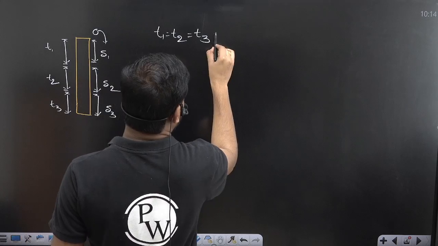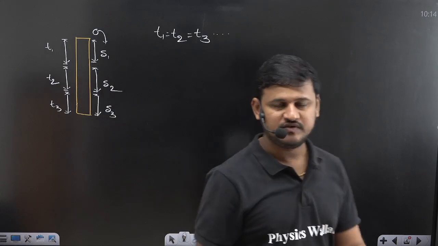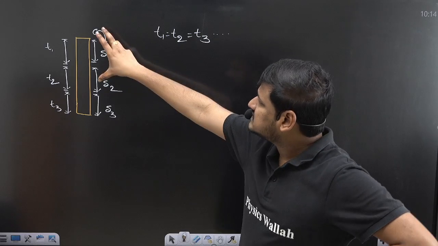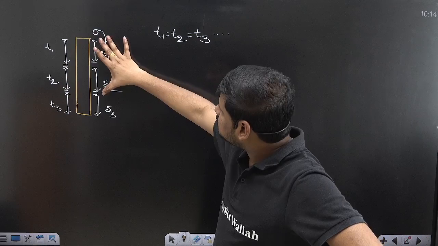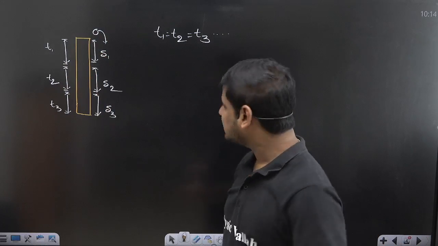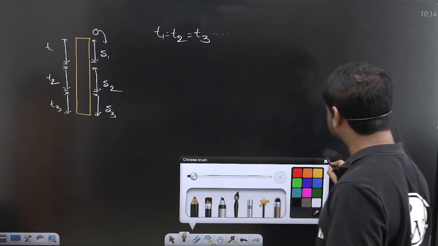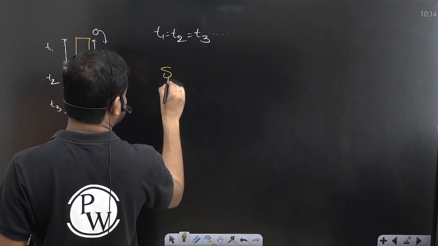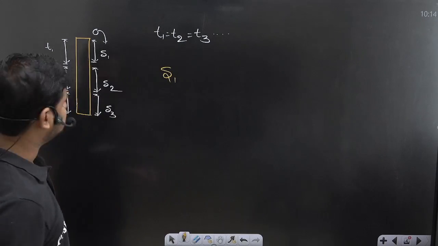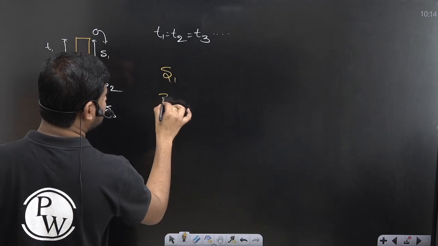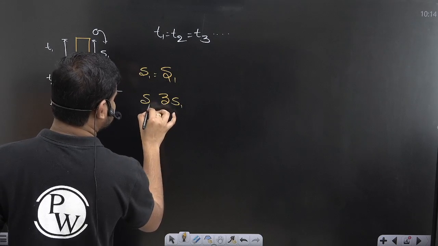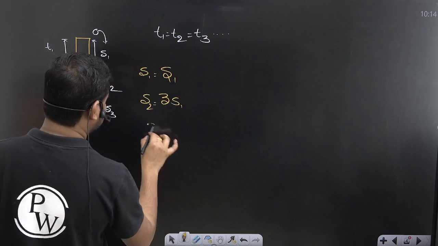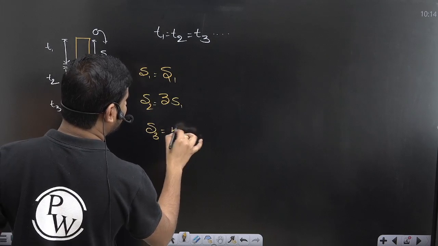So if a body is dropped, in successive time intervals it covers some distances. Then the relation between these distances is given as follows. If you consider the first one as S1, then S2 will be equal to 3S1, whereas S3 will be equal to 5S1.